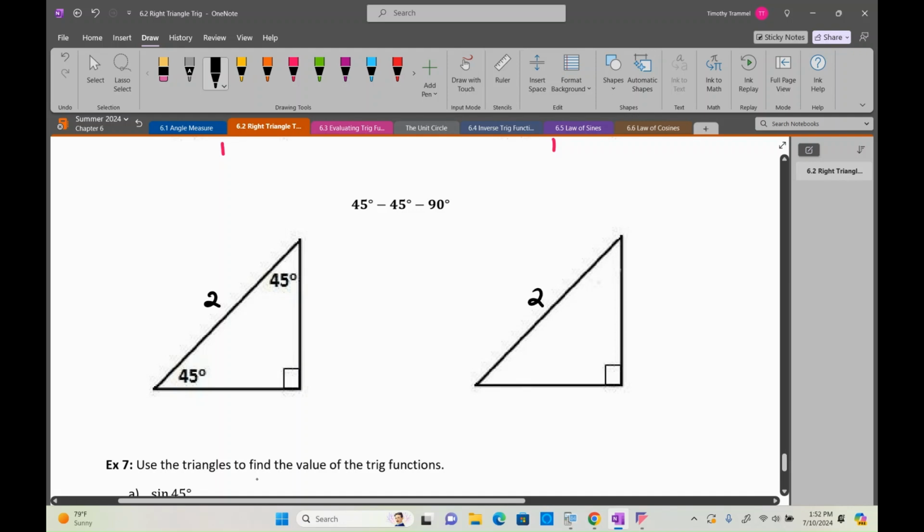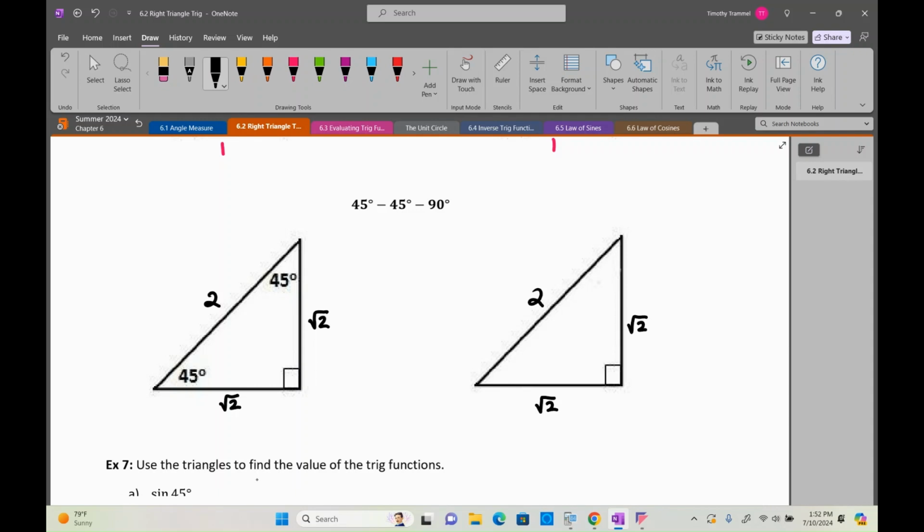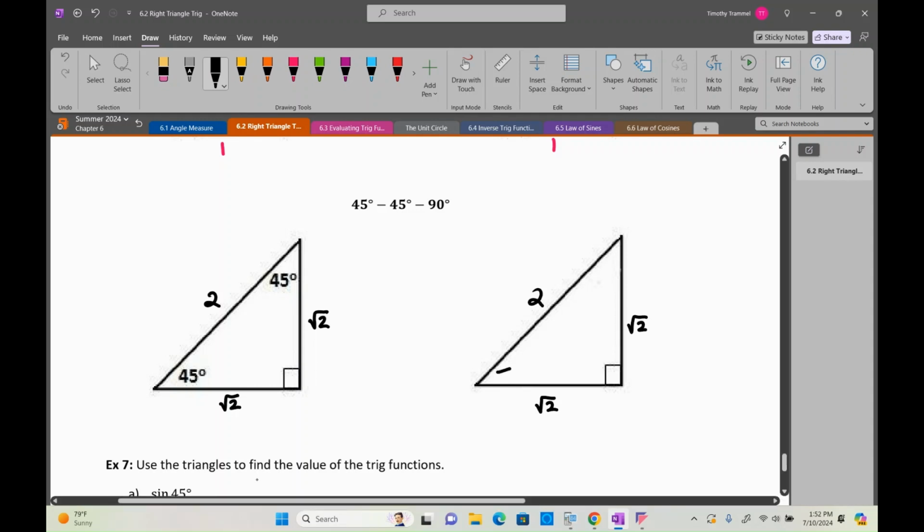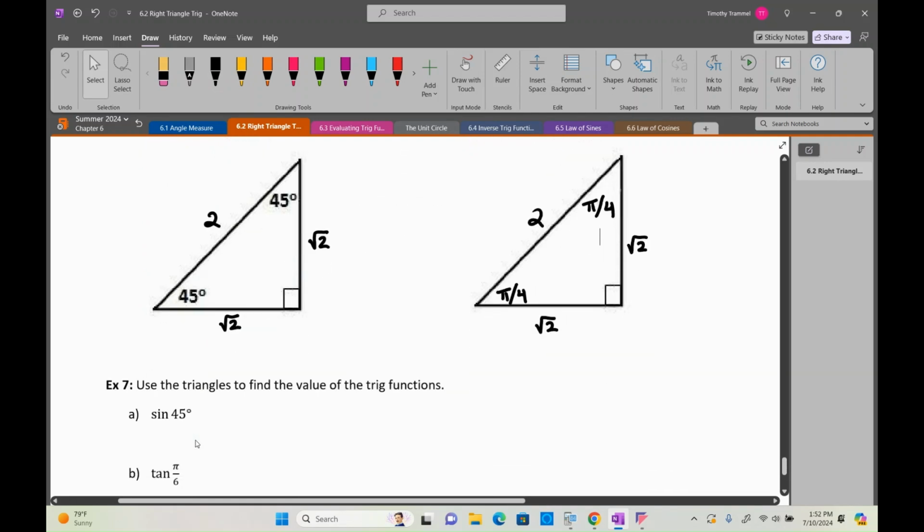So if you double √2/2, you just get √2. There we go. And then if I want to write my 45-degree angles in radians, it's going to be π/4. There we go.